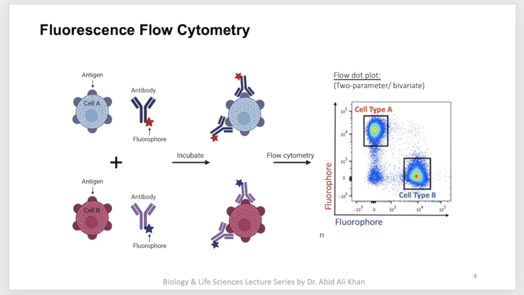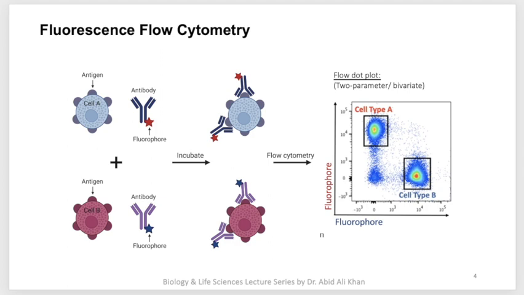That red star means this is a dye. And then we have another antibody with a blue star, again a blue fluorophore. The first antibody would bind to the antigen of cell A, and the second antibody would bind to the antigen of cell B.